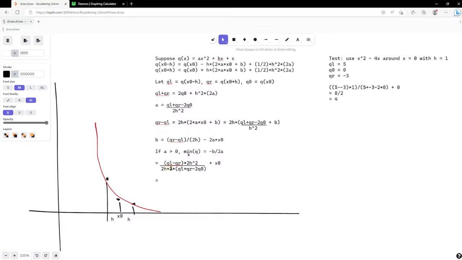So we get QL minus QR times H over 4 times QL plus QR minus 2 Q naught.